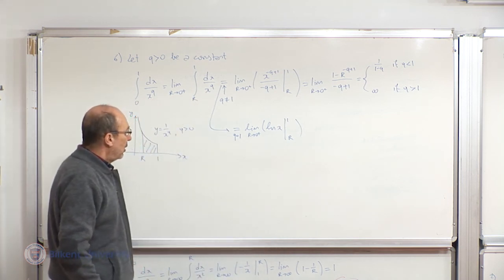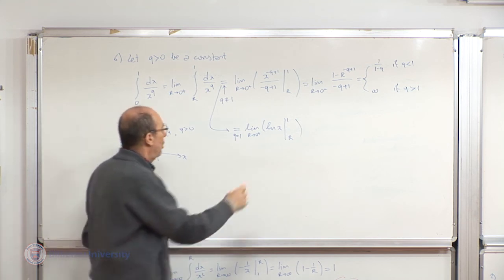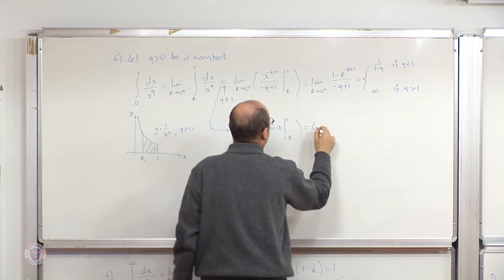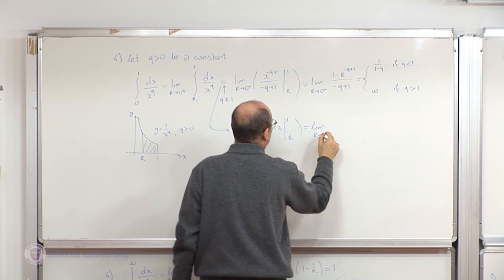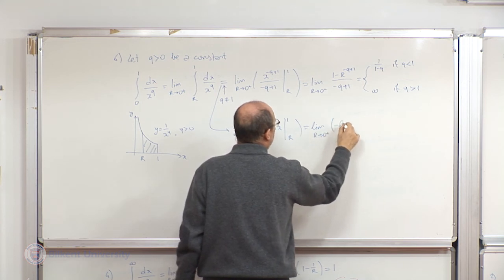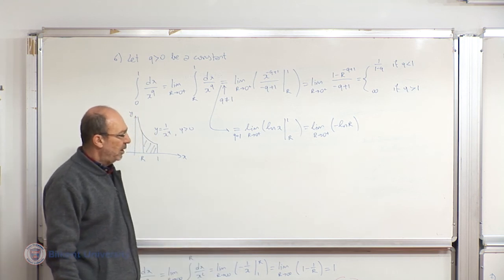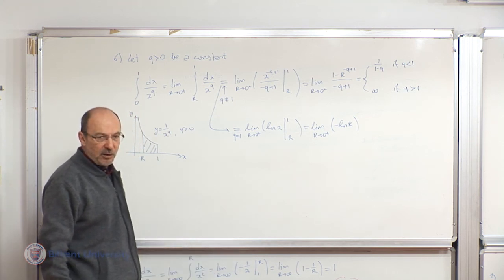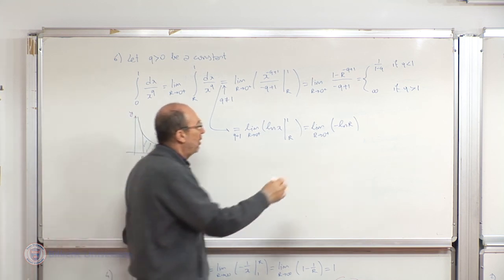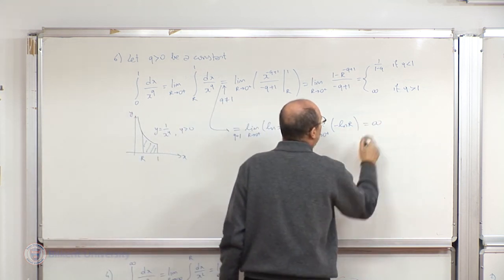Now we evaluate this inside the parentheses. ln 1 is 0, so we get the limit as r goes to 0 from the right of minus ln r. As r goes to 0 from the right, ln r goes to minus infinity. I have minus in front, so this is infinite.